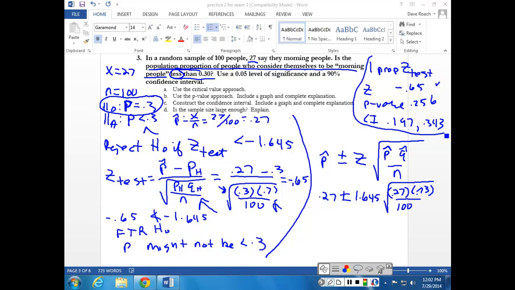So if you come up with a different number, you should question yourself, did I use the right formula there? The interval is 0.1969, that's about 0.197, and then 0.343. So I did get that answer, so I'm pretty sure I have everything in there.